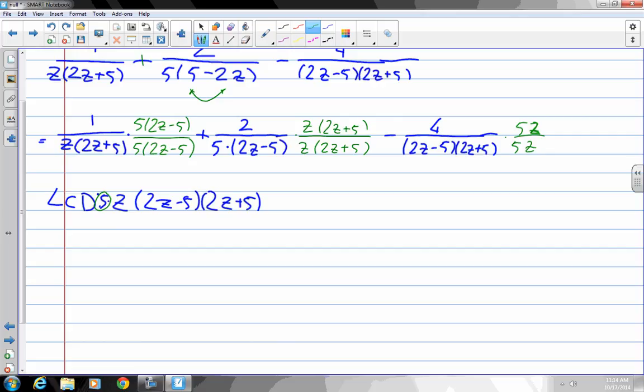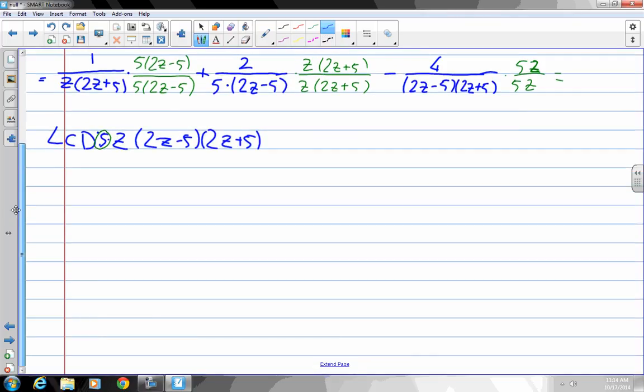Well, that's what it is. 5 times z is 5z. We don't say 5 times, but yeah, that's what it is. Okay. So we got our LCD. So now we just have to pull everything together.